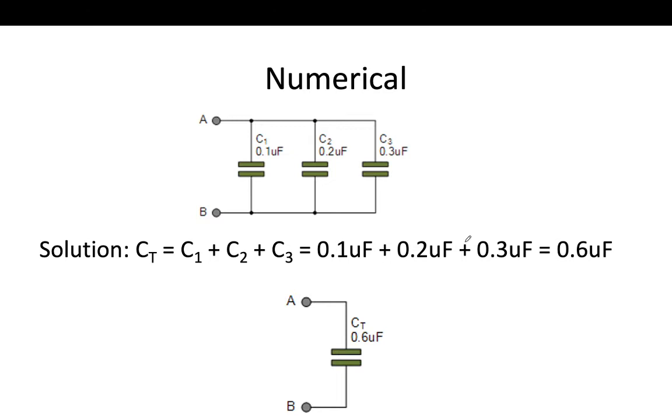There are three capacitors, 0.1, 0.2 and 0.3 microfarad, and as they are all in parallel, we just simply add them, 0.1 plus 0.2 plus 0.3. So the combined value will be 0.6 microfarad.